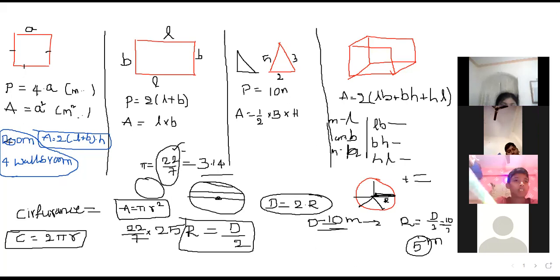Out of 20, B to C is how much? 6. Then C to D is also 6. 6 plus 6, 12 is completed. Out of 20, 12 is completed. Then what is the remaining? 8. Yeah, that is it.